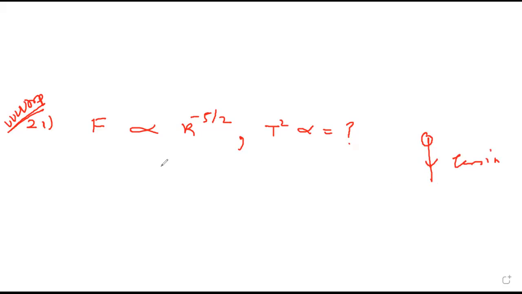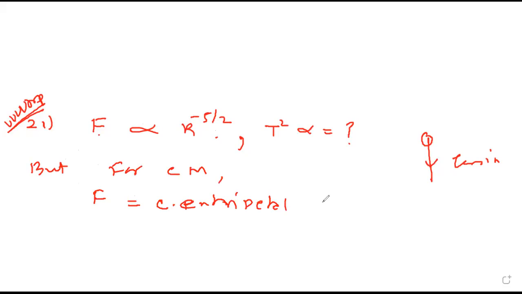So they said the satellite is revolving in the orbit, gravitational force is proportional to r raised to minus 5 by 2. The gravitational force or any force can be proportional to anything, but for circular motion, F must always be equal to centripetal force, only then will it move in a circle. What is the formula for centripetal force? mv square by r.